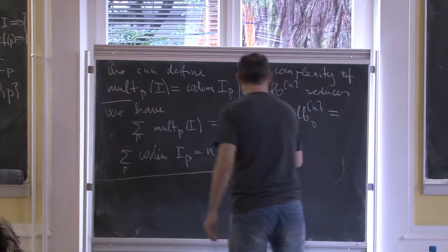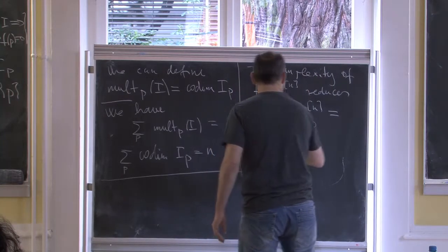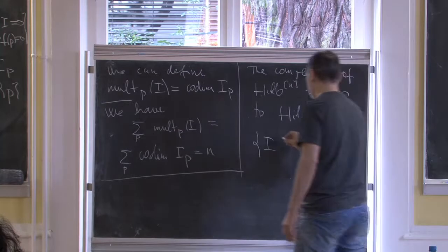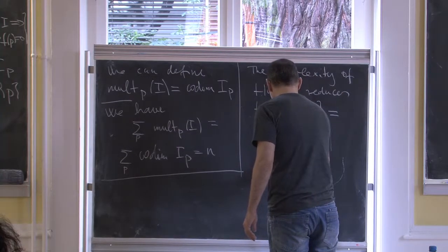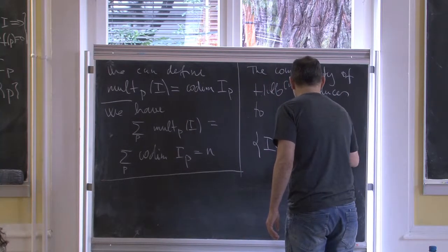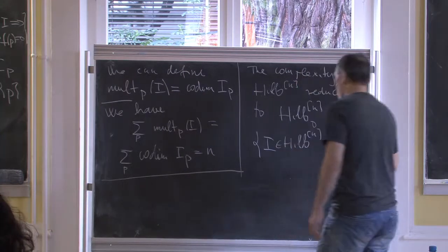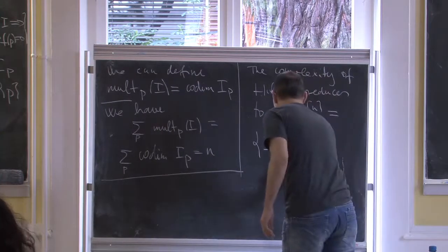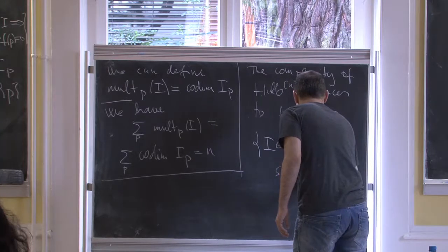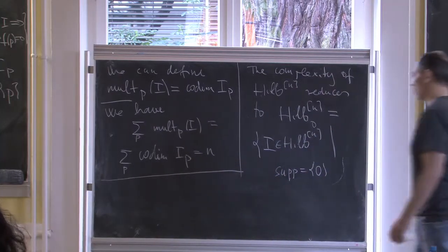That is, those ideals, a subset of Hilbert n, whose support is just the origin.